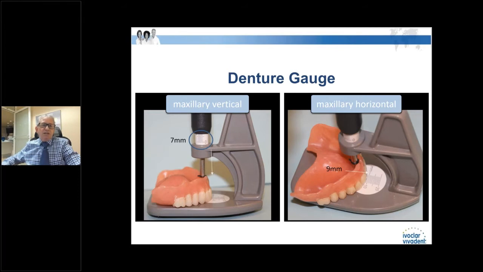if I'm going to go ahead and use the incisive papilla, and we're going to push this lever down into the incisive papilla, it's going to give us the vertical measurement. What it's telling me is from the incisive papilla to the incisal edges of the teeth, they are down 7 millimeters. Why do we use the incisive papilla?